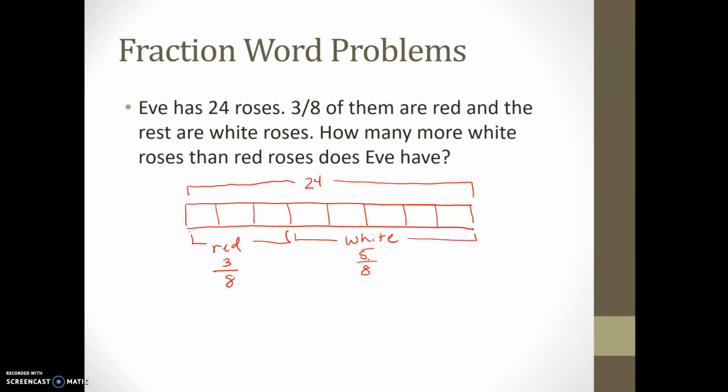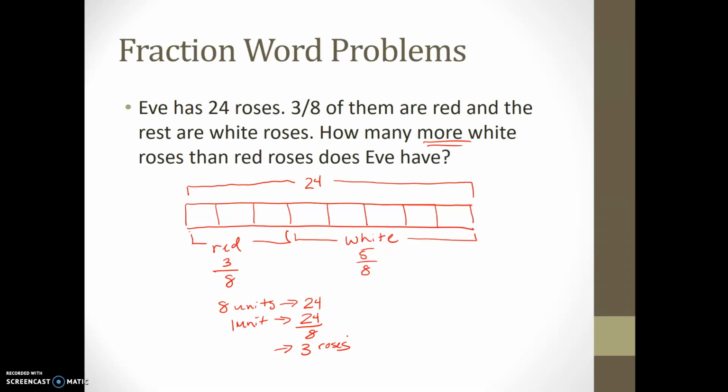Now the question is not how many roses do we have, or how many red, or how many white. The question is how many more white roses than red roses does Eva have? So we're going to solve with the unitary method. We have 8 units that equals 24 roses. So 1 unit equals 24 divided by 8, which equals 3, right?